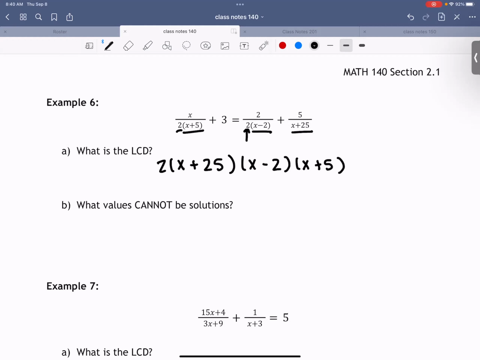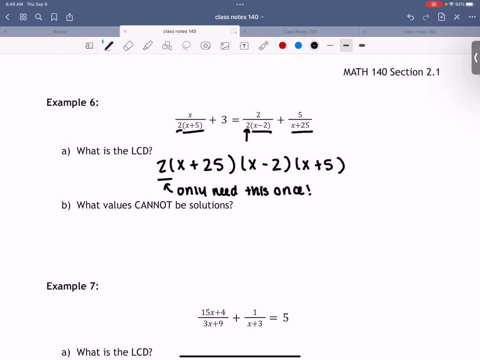Because I already accounted for it on the left-hand side. I don't need to repeat it because then it wouldn't be the least thing I need to multiply on both sides to cancel out the denominator, okay? So I only need to write the 2 once. Okay, and we're accounting for every single factor in the denominator.